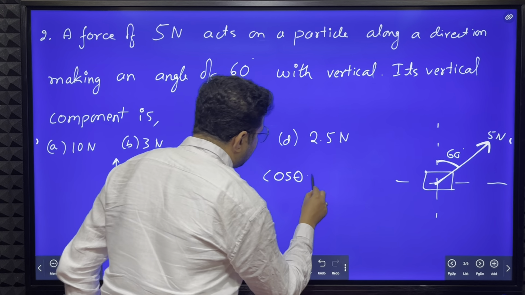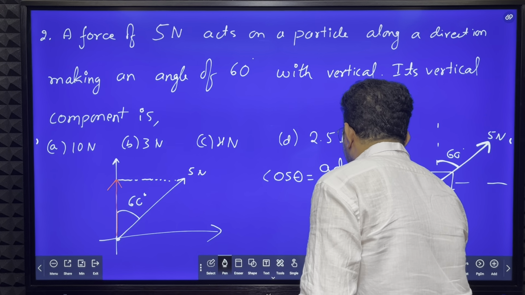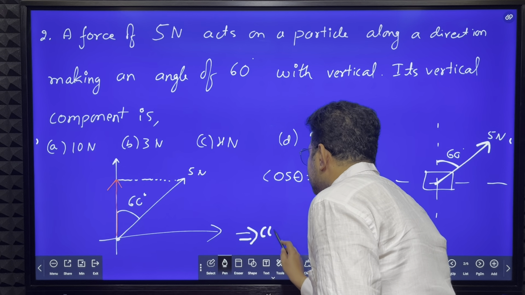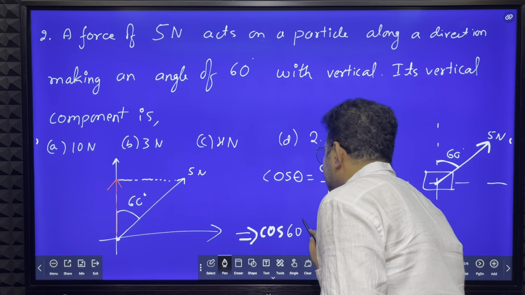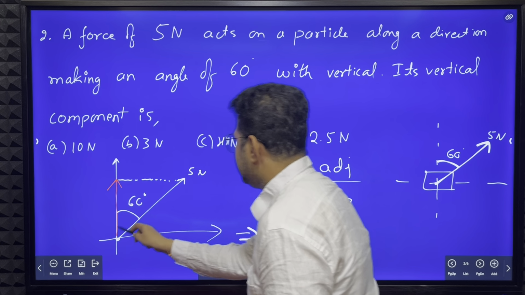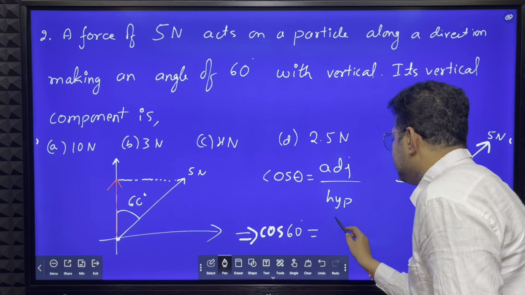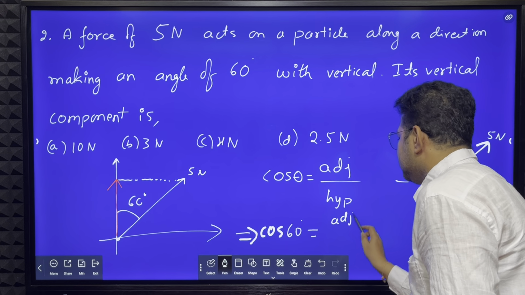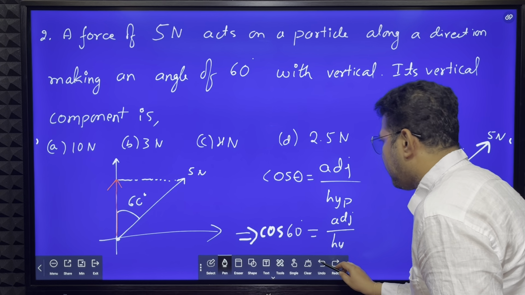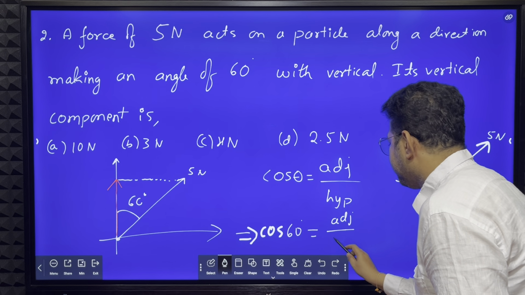Cos theta is equal to adjacent side divided by hypotenuse. So cos 60 is equal to adjacent side divided by hypotenuse. What is hypotenuse? Hypotenuse is 5.